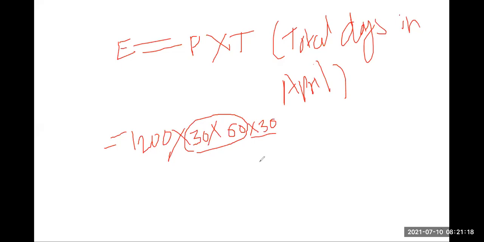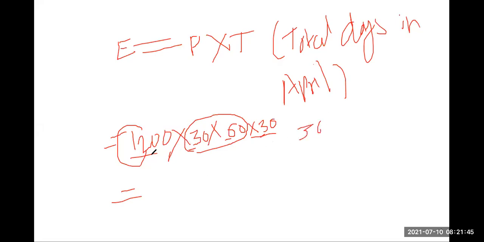Then we'll get the answer now. Divide, multiply it. 12,000 into 30 is one first thing, very simple. You can do the multiplication of 12, 3, 6, and 3. Then after that, 36,000.